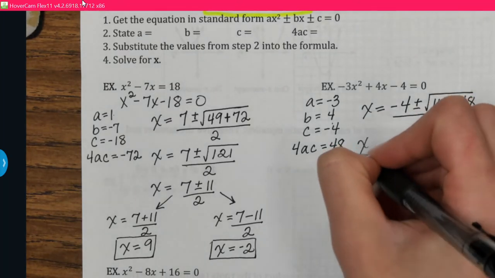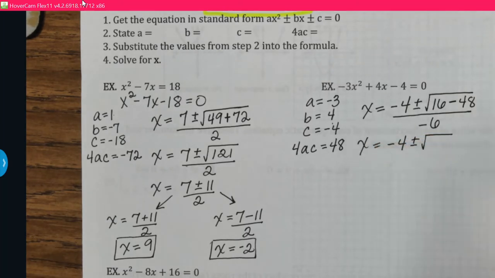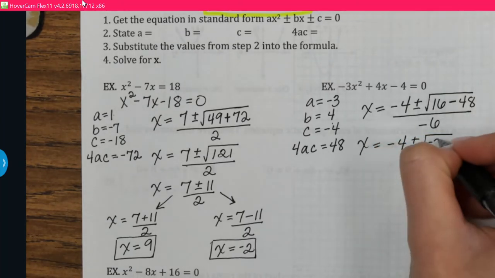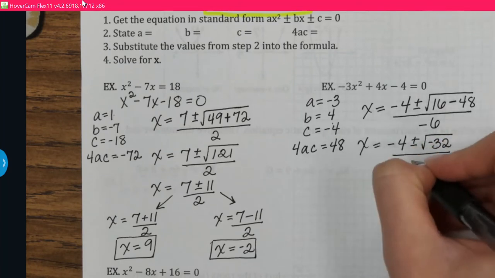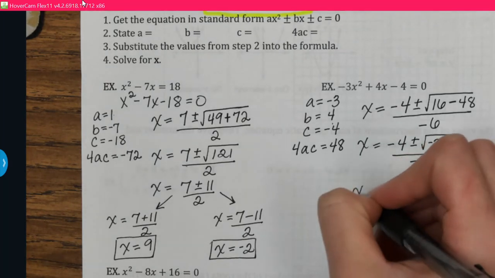So then I simplify. -4 plus or minus the square root of what? -32 all over -6. Now the square root of -32 is not a perfect square, but I can simplify it. Now I have a negative under the radical. What do I know I'm going to have to do? Take out your i. I know I'm going to have that.